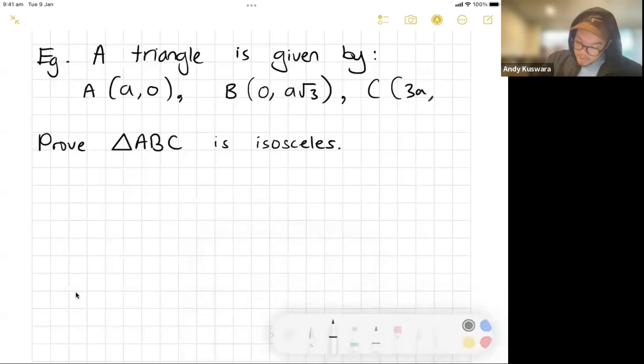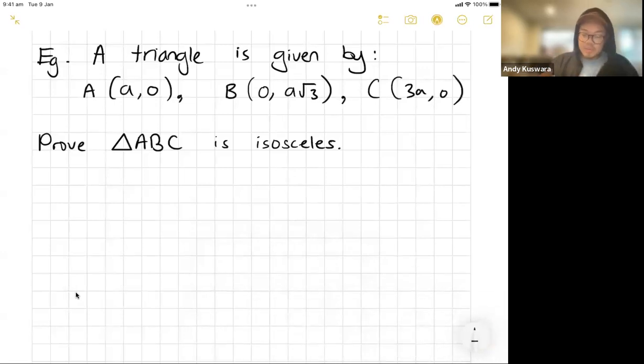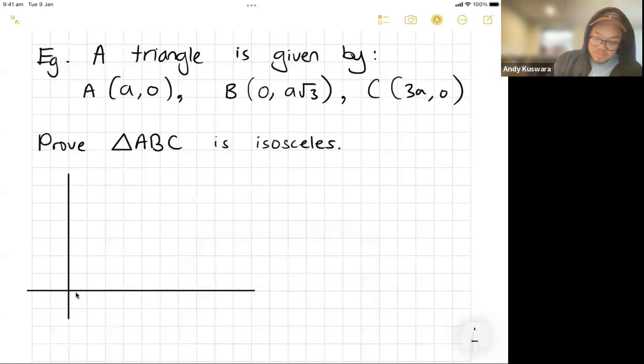My bad. Okay, so let's just think about this logically, and we're trying to prove that ABC is isosceles. So first thing I'm going to do is I'm going to draw something to help me make sense of it. Now (a, 0), let's just say that's there. Okay, that's (a, 0), that's that point. That means (3a, 0), I'm assuming, is somewhere a little bit further on, because it's triple of whatever a is.